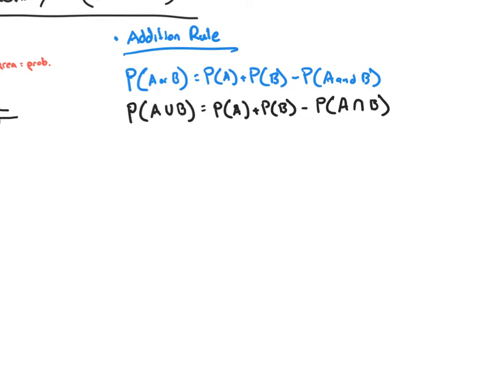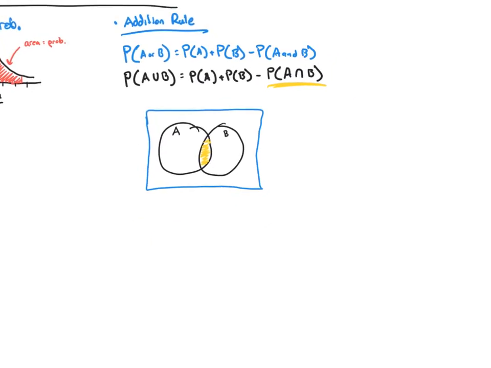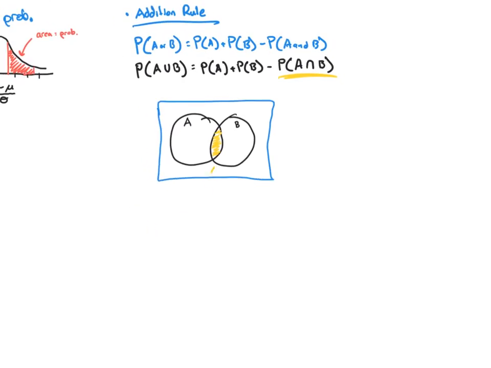So with the addition rule also came the idea of Venn diagrams. Venn diagrams where each of your different pieces, your events, were here. Remember, if there's overlap, that's what you're trying to subtract off there, right? So if there's overlap, like this, right here, we would say that these are not mutually exclusive, right?